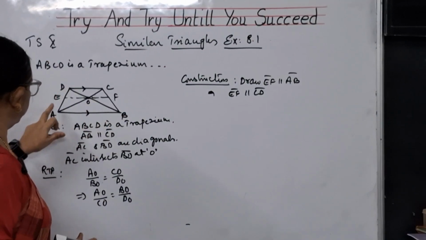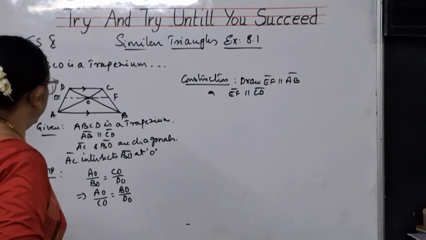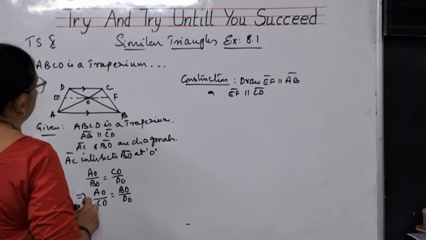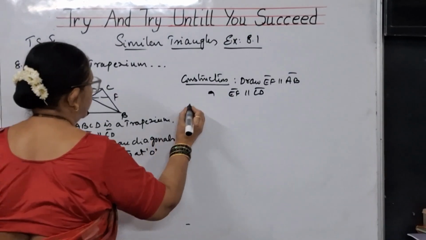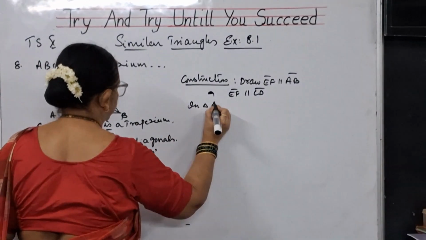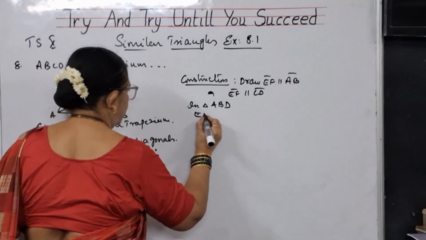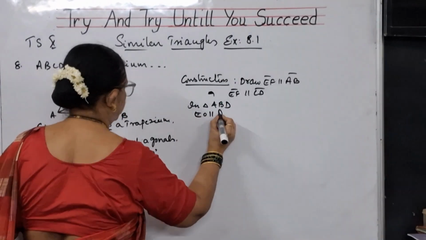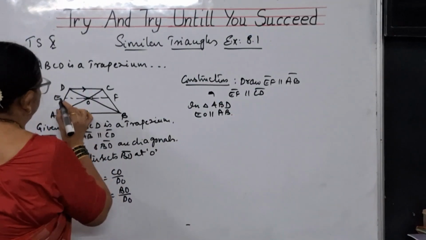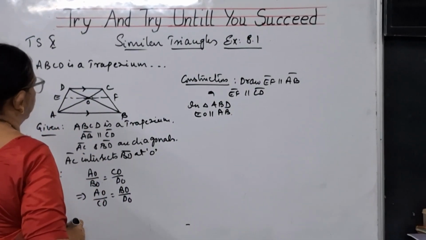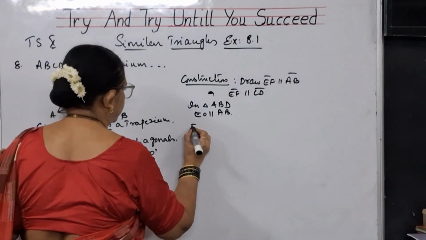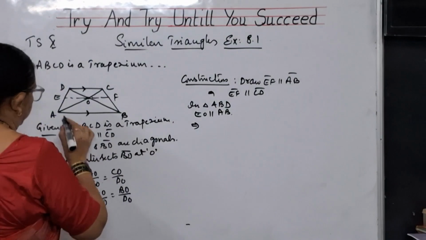So first let me take this triangle ABD. In triangle ABD, EO is parallel to AB. When EO is parallel to AB, what can I say this implies?